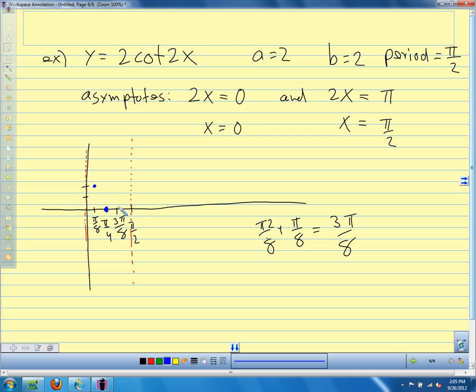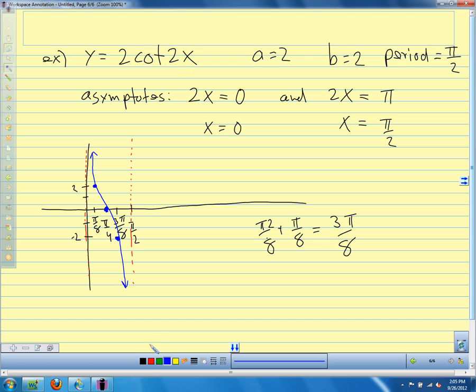And at 3 pi over 8, we're going to be down here at y equals negative 2. So there's my point down here. And my function is going to look like so. Make this point bigger so my graph looks right. So there would be a sketch of one period of this function.